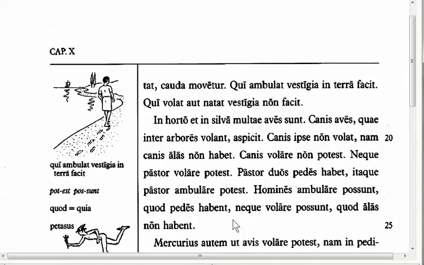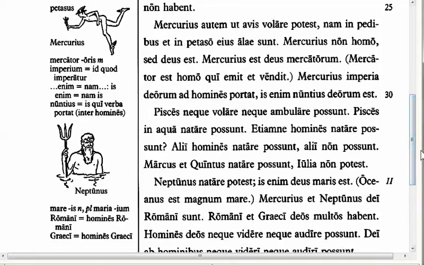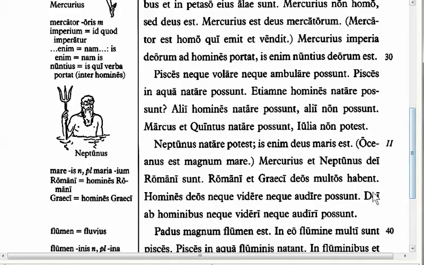Okay, let's look now at line 38. And let's go further down. It's right here where we have more infinitives. Actually, it's line 38 here. Homines deos neque videre neque audire possunt, dei ab hominibus neque videri neque audiri possunt.